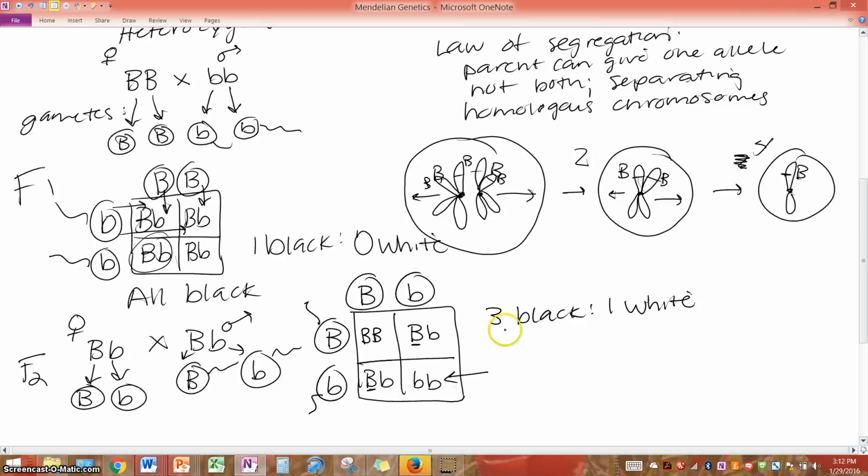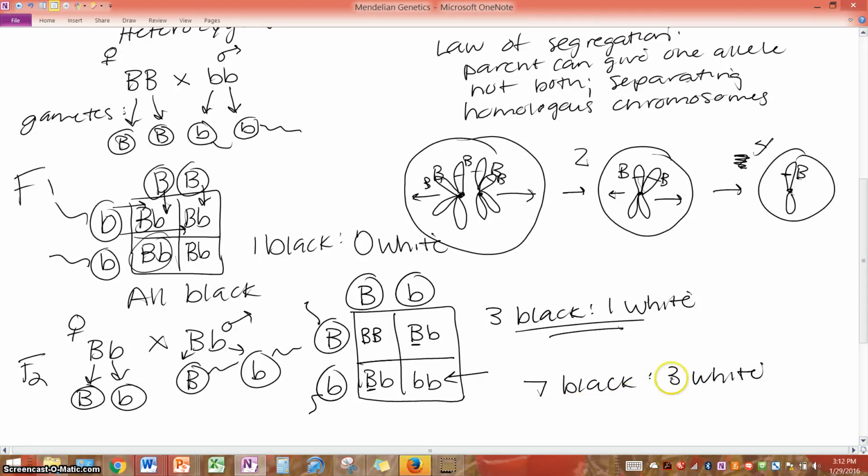And it's really important to pay attention to your ratios. These are going to be very helpful as you move on, because when you see certain ratios, even if they're not perfect, so say this is my cross and I happen to get, let's say I had 7 black, and I had 3 white.